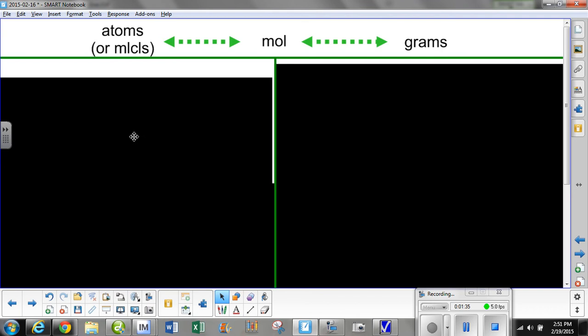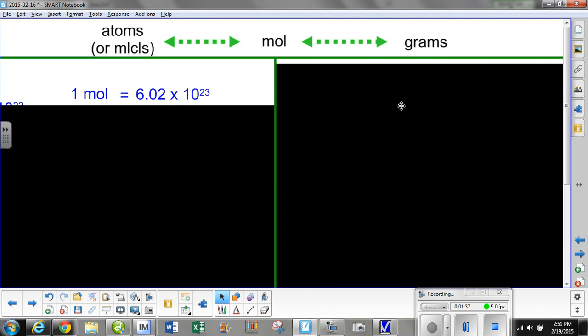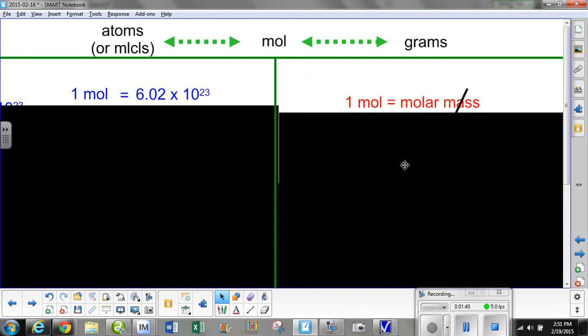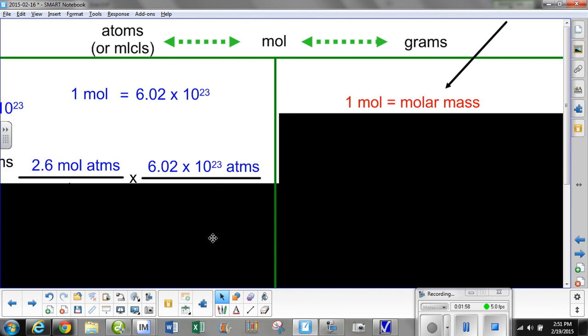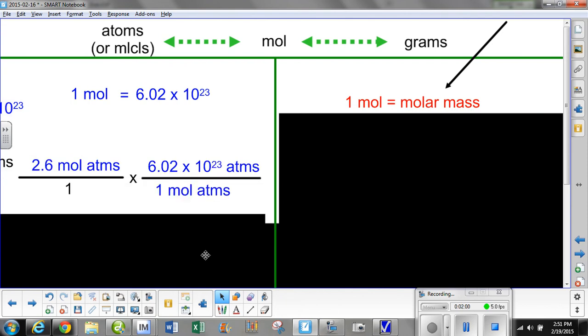What the change is, instead of dealing with this number, we're dealing with this, the molar mass. Okay? And where do we get the molar mass from? Periodic chart. Everybody's pointing to the east, which is where the periodic chart is. Okay, that's good.